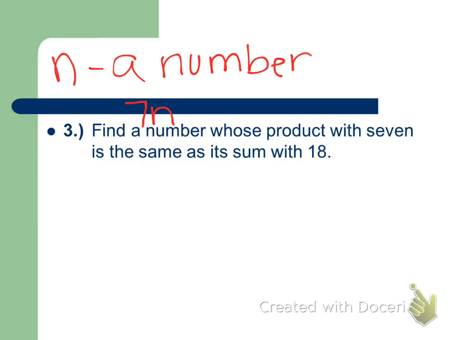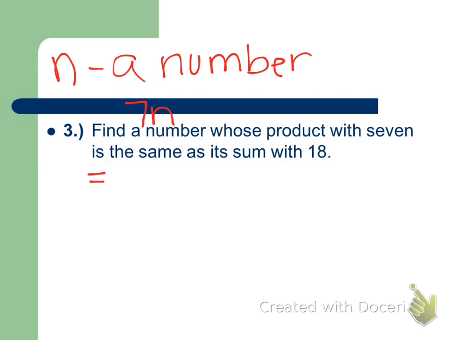So a number whose product with 7 is the same as, Logan, the word is makes us think of what? Well, thank you, Tariana, for helping out. So Logan, the word is, every time we see it, that's going to make us think of the equal sign. That's the symbol we should use there.